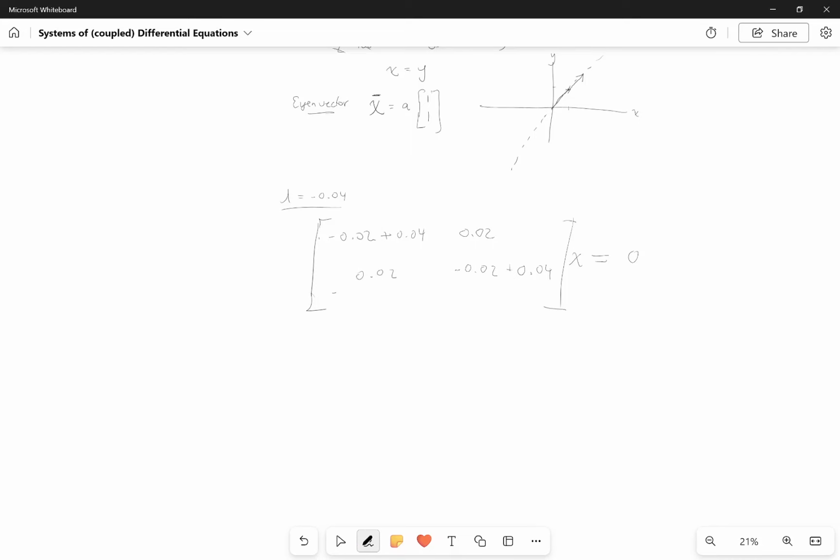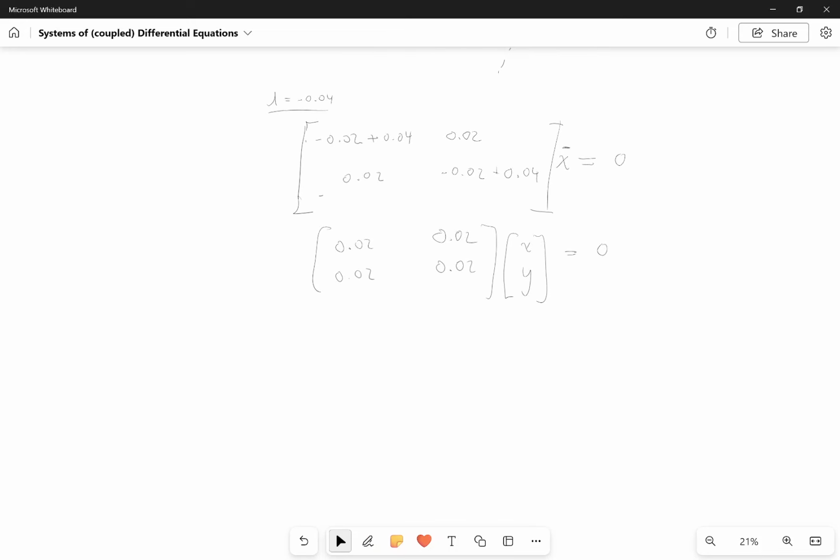All right. So what do we have? This is Ax equals 0. So we have 0.02, 0.02, 0.02, 0.02 times x, which is x and y. Okay, this is a vector, right? Equals 0. X and y are just points now. And so if we pull out 2 out of 100, what we have is 1, 1, 1, 1, times x, y equals 0, 0.